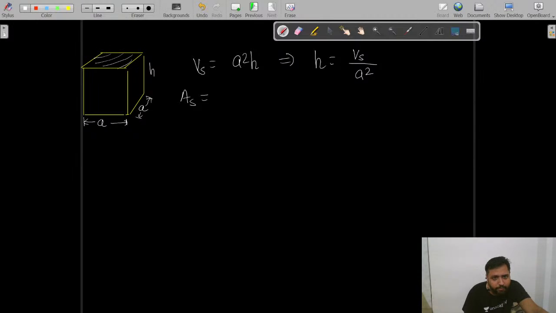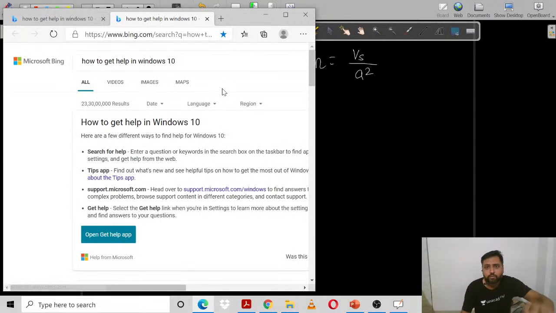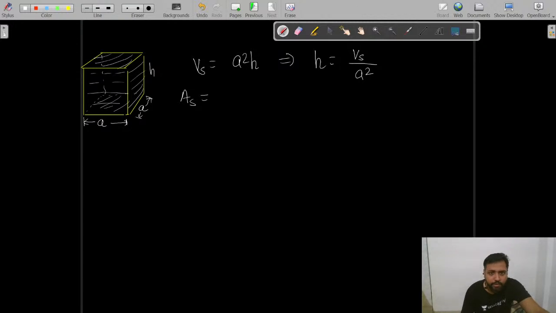This is A square, the bottom is A square, and the remaining 4 areas are going to be A into H. So the total area is going to be 2A square plus 4 into A into H.